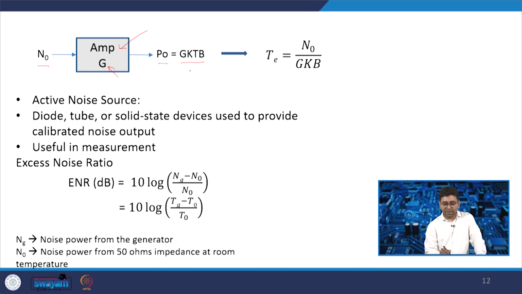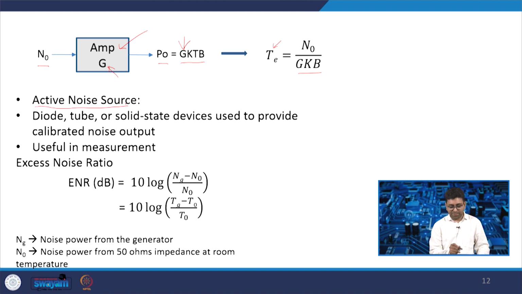If you also want to represent the amplifier with an equivalent temperature Te, then you should write N naught by GkB. This is for the amplifier with a gain of G.